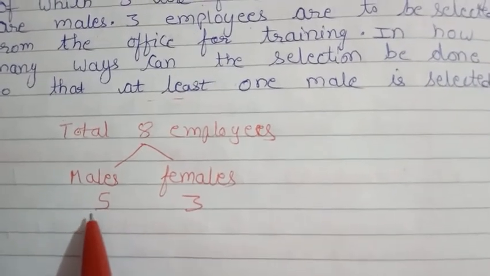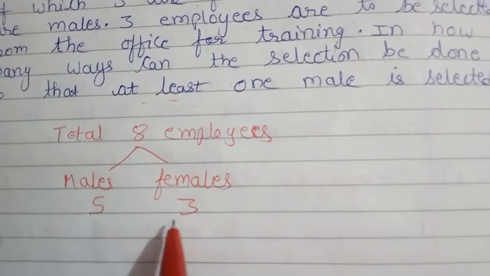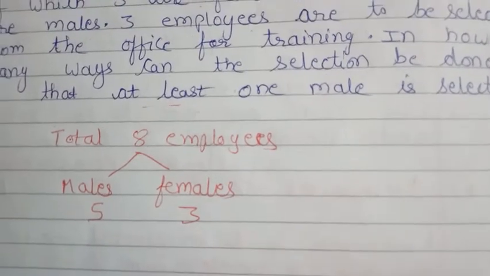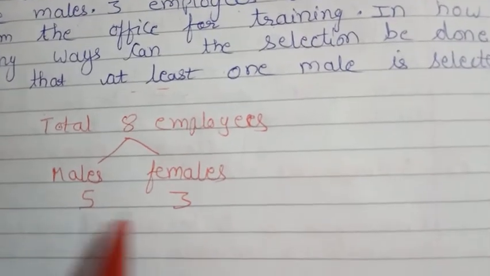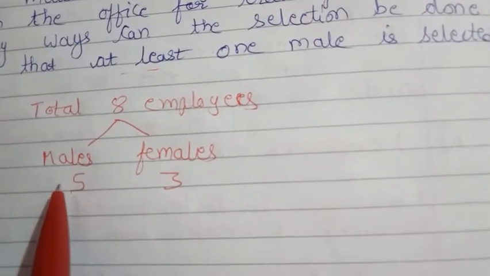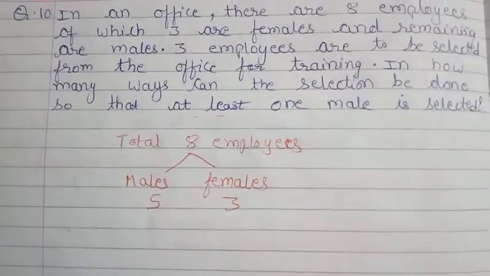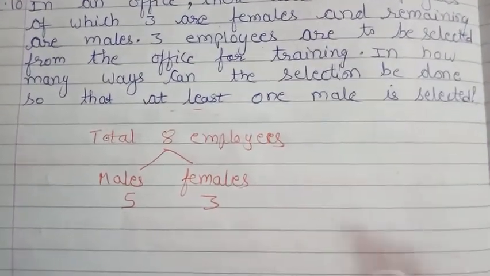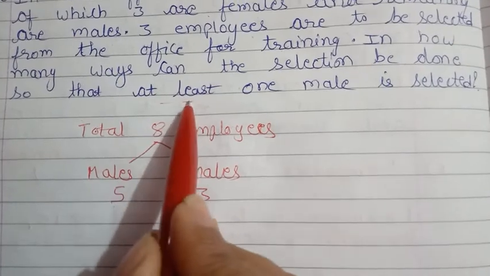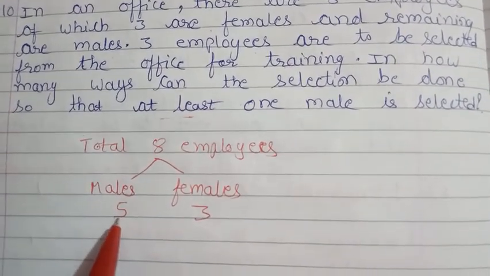So minimum one male is there, so that can be done in either one male and 2 females, or 2 males 1 female, or all the 3 males and 0 females, or not a single female is there. These 3 options are there when we are having at least.